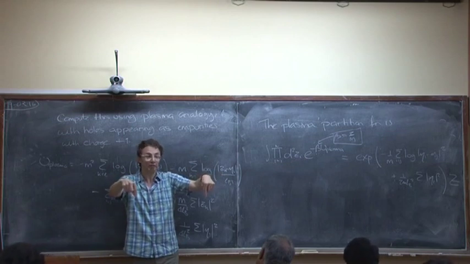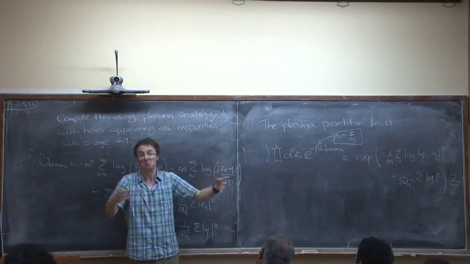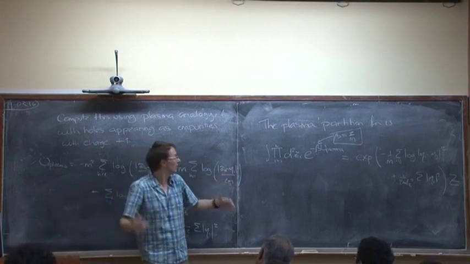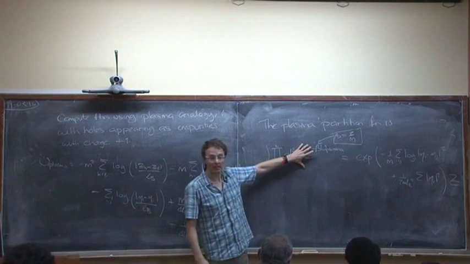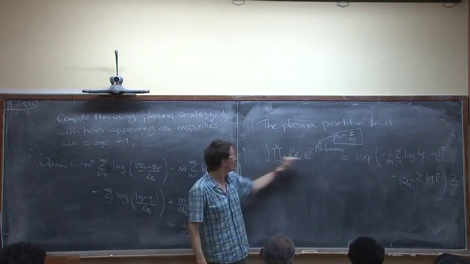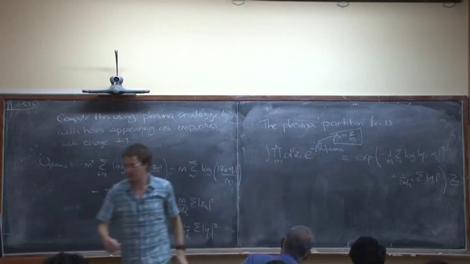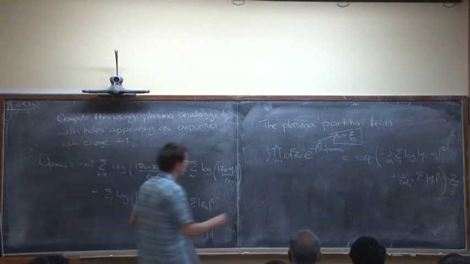Which means that things like the free energy in this plasma don't know about the positions of impurities. They're completely screened. Which means that this object here is independent of eta. Because the log of this is the partition function for the plasma, the log of it is the free energy, it doesn't depend on eta. So the key physics is screening.